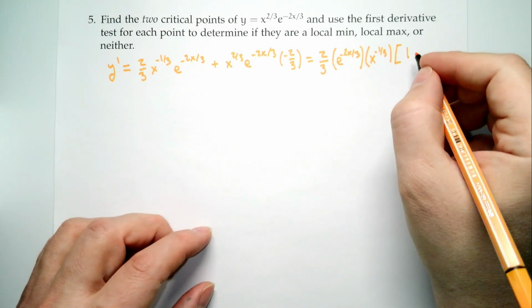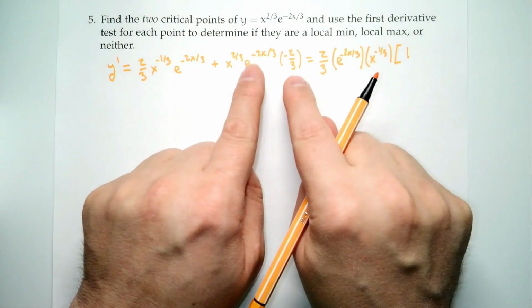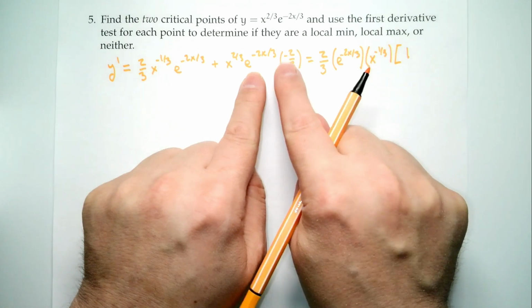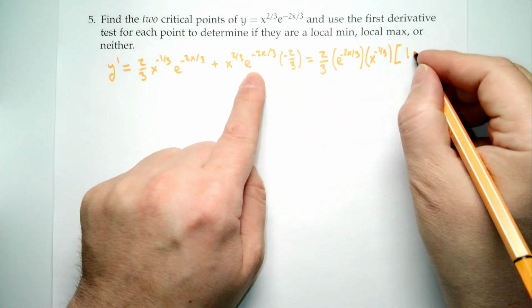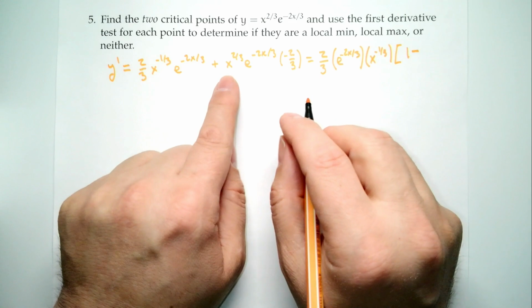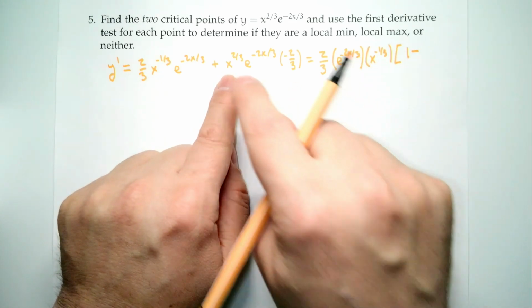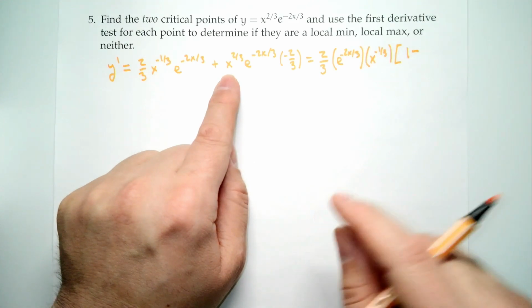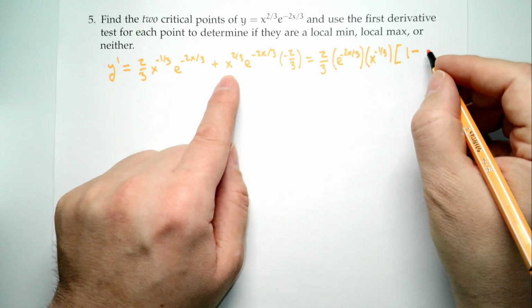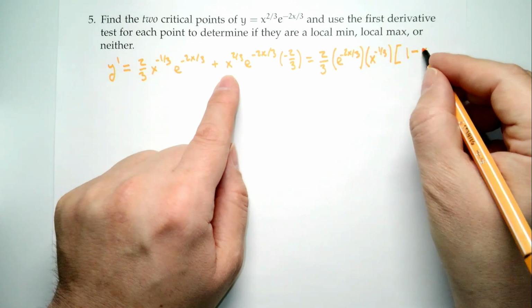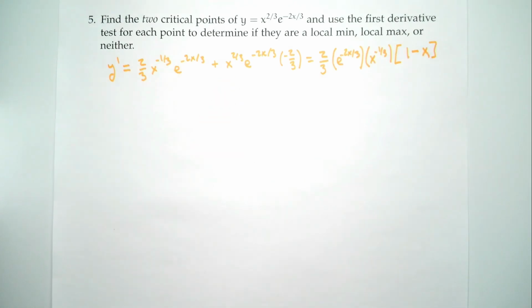How about from the second term? Well, we got the e to the -2x over 3, we got the 2/3. We didn't get the minus, so there's a minus. What about x to the 2/3? We pulled out x to the -1/3. What's left there? The answer is x. Why is it x?